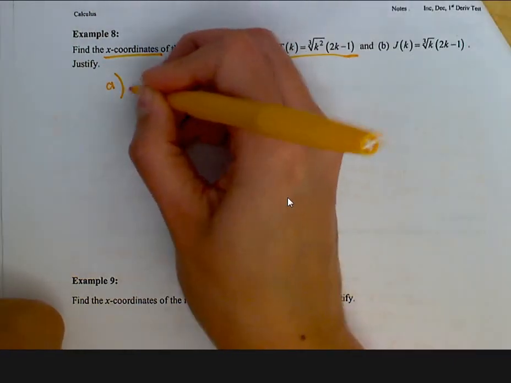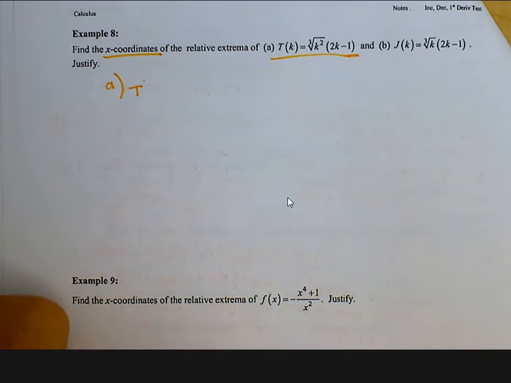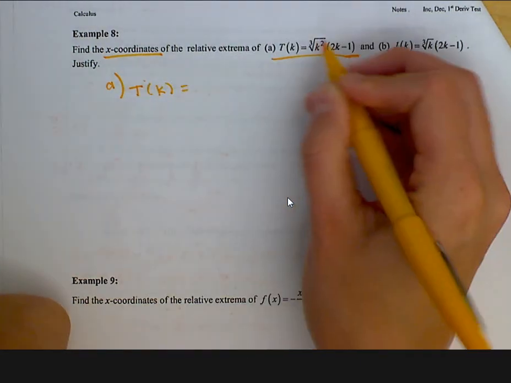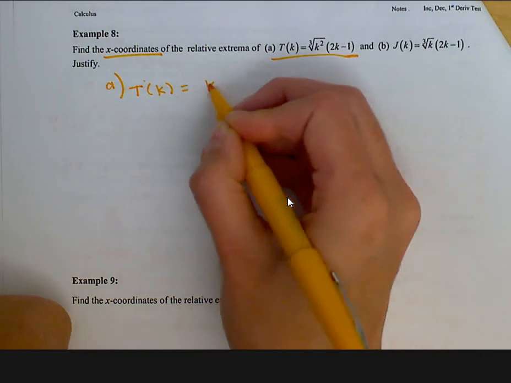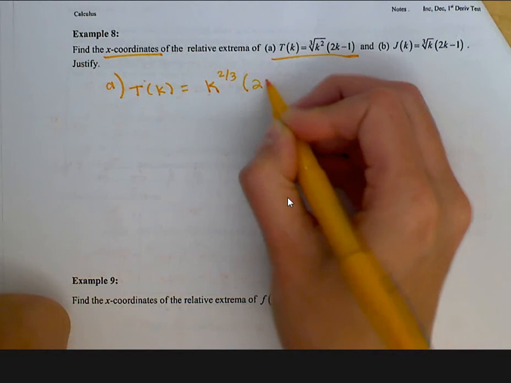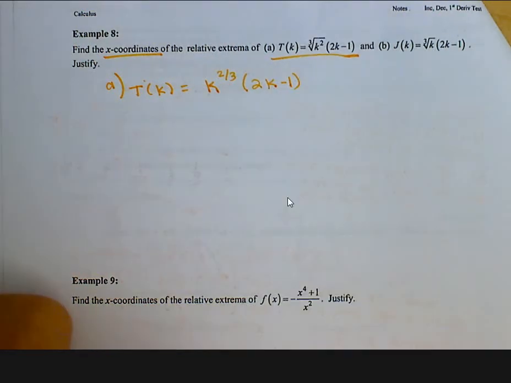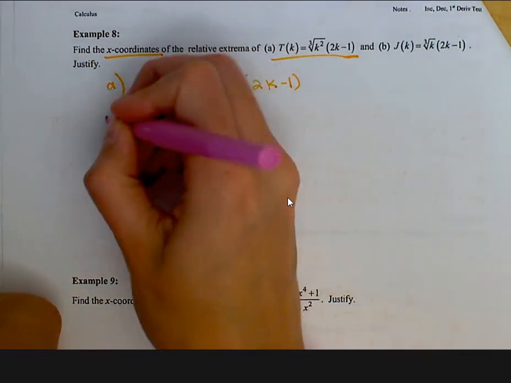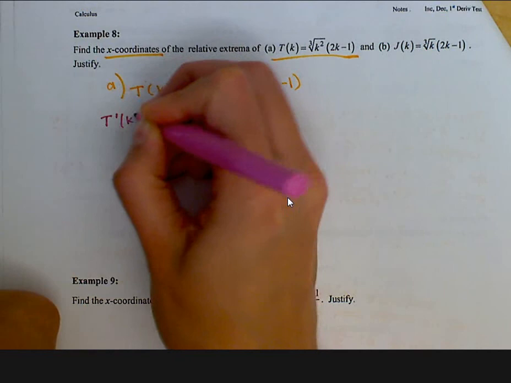First I'm going to rewrite t of k, because I want to write this as a fraction. So t of k equals k to the 2/3 times 2k minus 1. Just rewriting there.